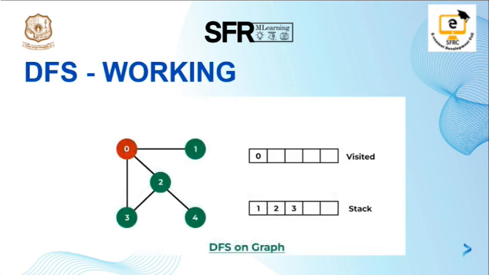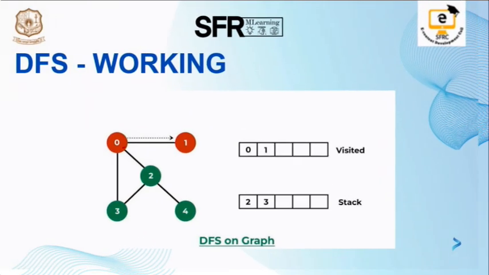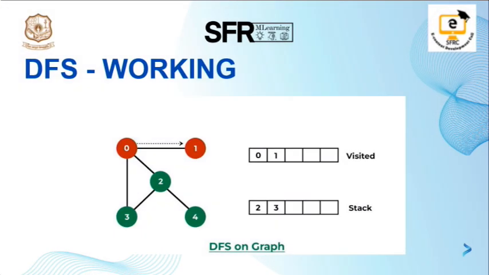Next, we visit 0 and put its adjacent nodes which are not visited yet into the stack. Then, we visit node 1 which is at the top of the stack. So, visit node 1, pop it from the stack and push all of its adjacent nodes which are not visited into the stack.